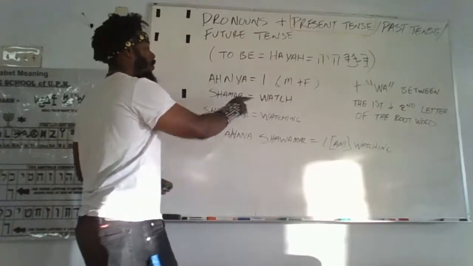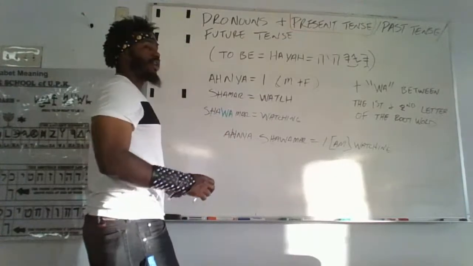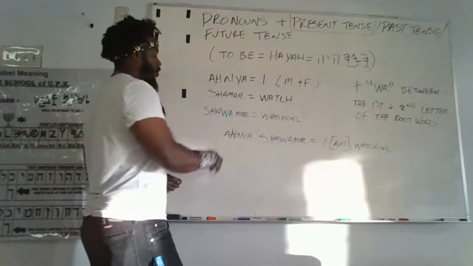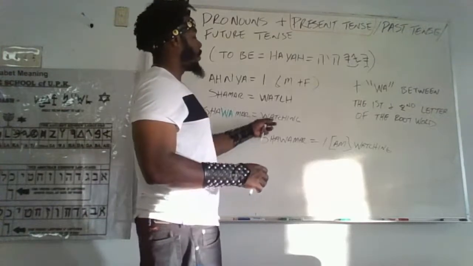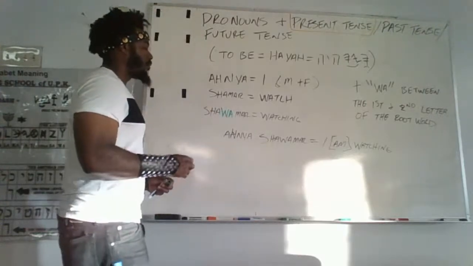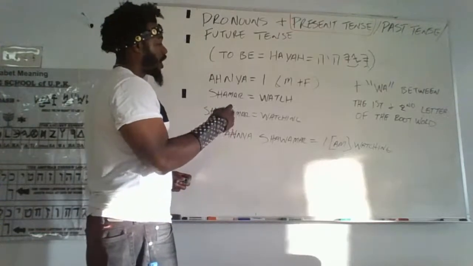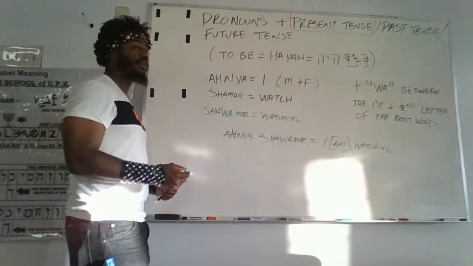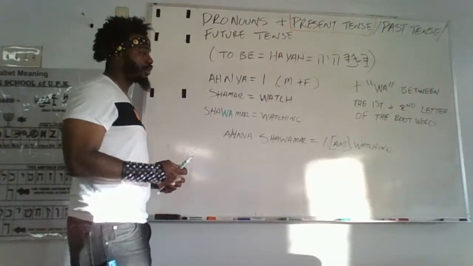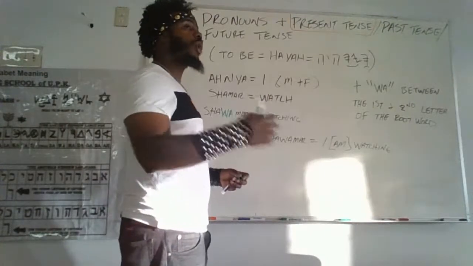Because the root word is shamar, which means watch. But to make it present tense, it's an action. So you have to put the wa between the first and second letters. So shawamar means watching. And the sentence would be Anya shawamar, which means I am watching. The am is implied. But Hebrew is a direct language, so I mean it's I watching.